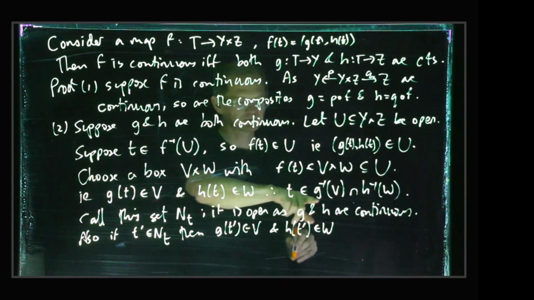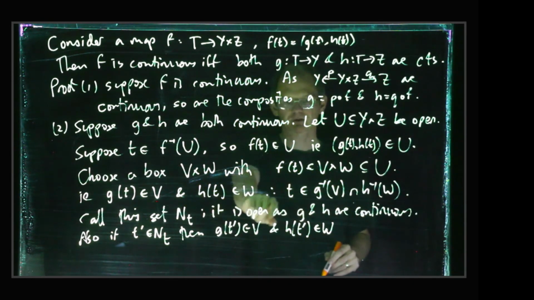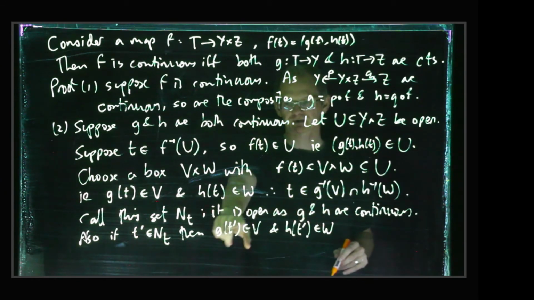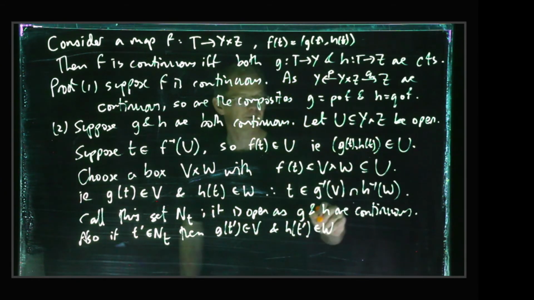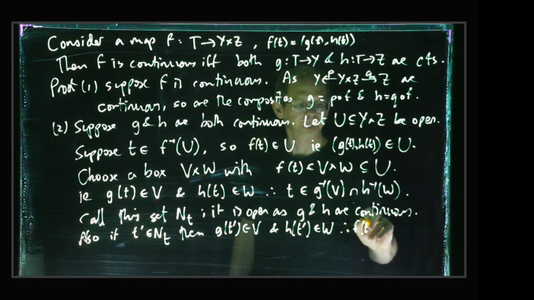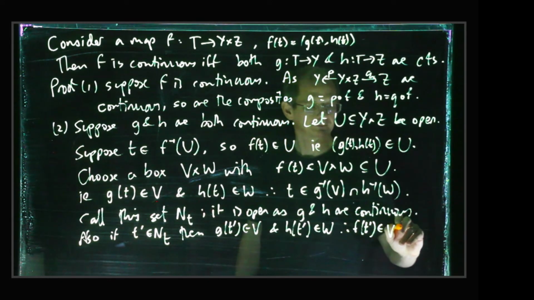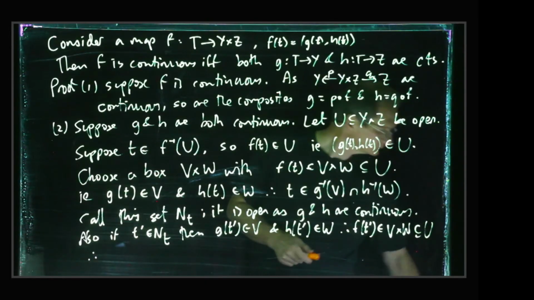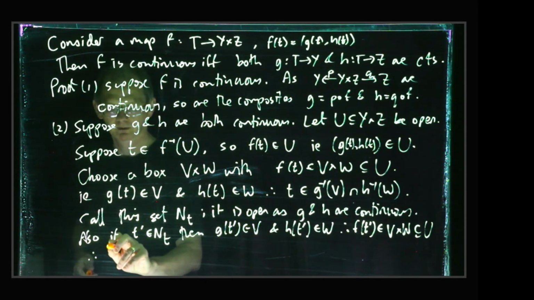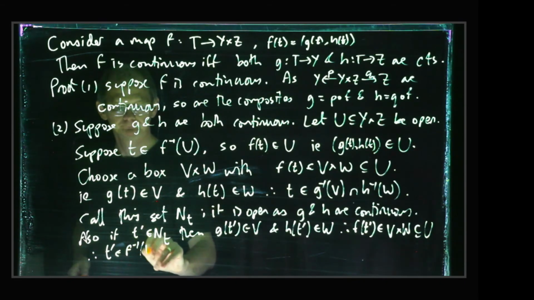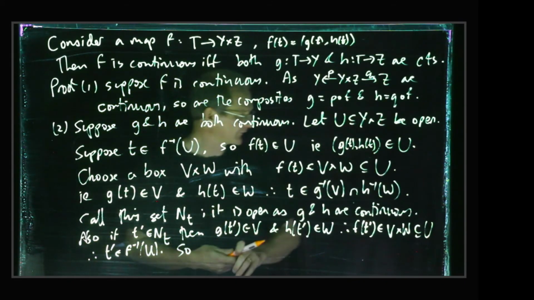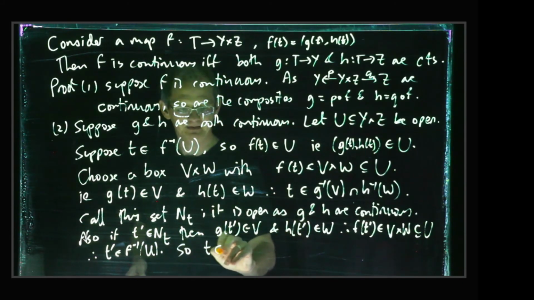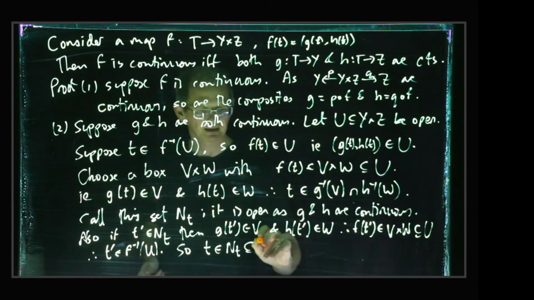Because t prime is in G inverse V intersect H inverse W, so G of t prime is in V, and similarly H of t prime is in W, and therefore F of t prime is in V cross W, which is contained in U, and this means that t prime is in F inverse U. So that means t is in N_t, which is contained in F inverse U.